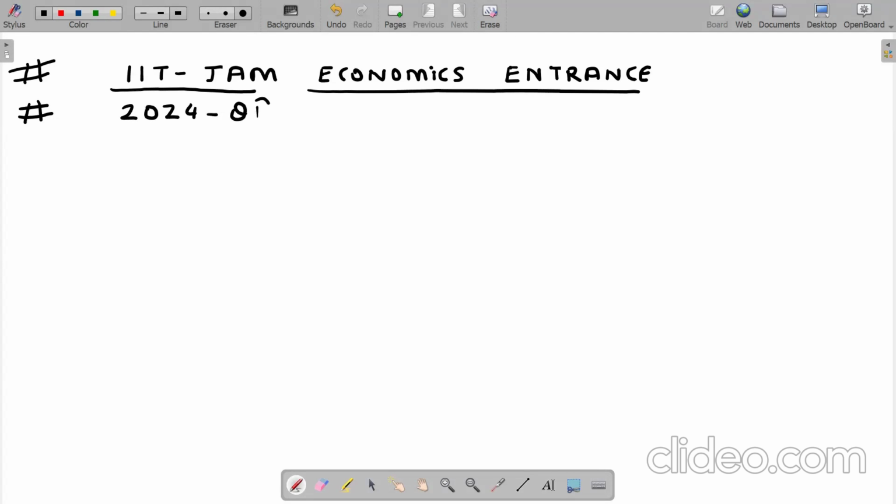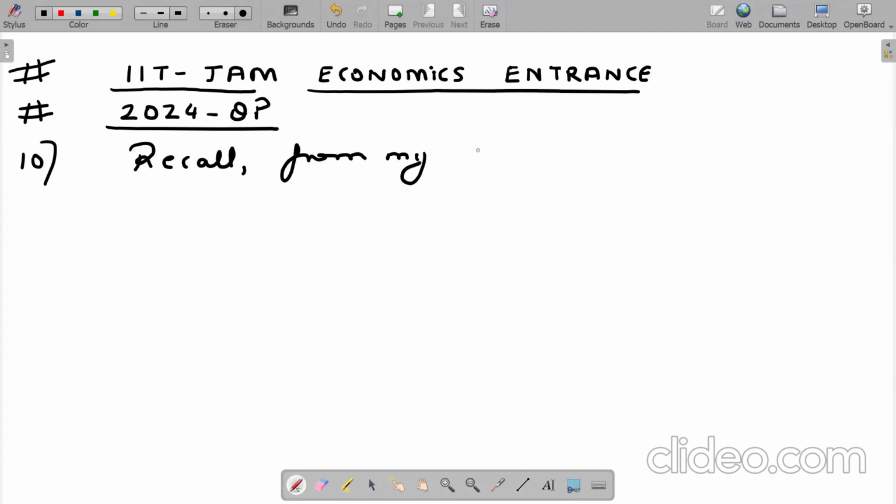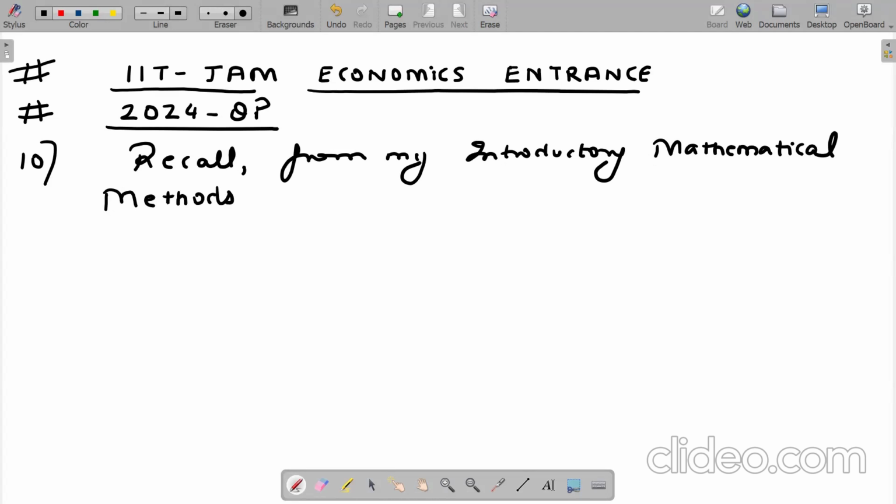We are looking at problem 10, and recall from my introductory mathematical methods for economics course.